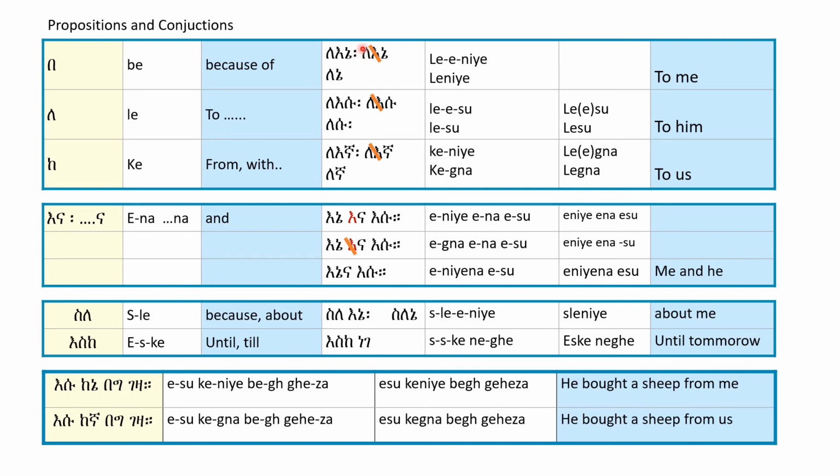If we cancel the letter E, it remains lene. We don't say le-ene, but we say lene. We cancel the letter E of the personal pronoun and it remains lesu. We cancel the letter E and it remains lenya.